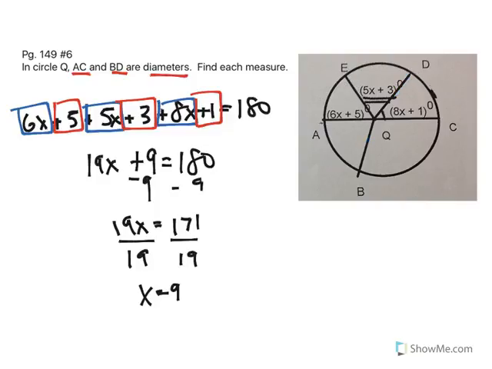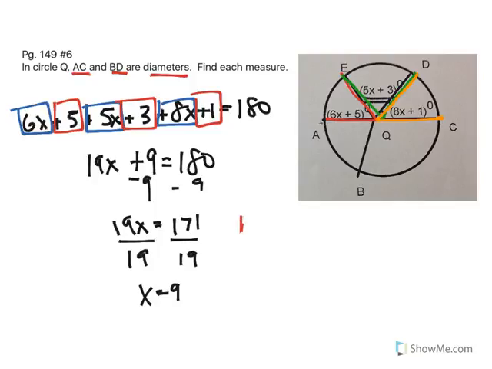So we're finding the measure of each angle, right? We're finding the measure of AQE, the measure of EQD, and the measure of DQC.